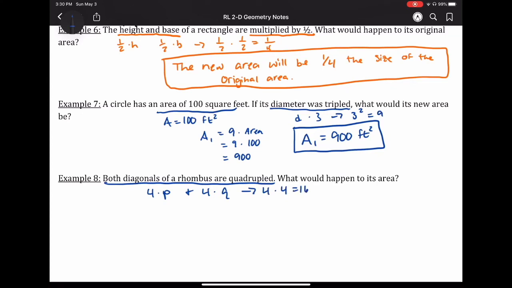So I have 16 times the original area. If I'm going to write this in a complete sentence, we would say the new area is 16 times larger than the original area.